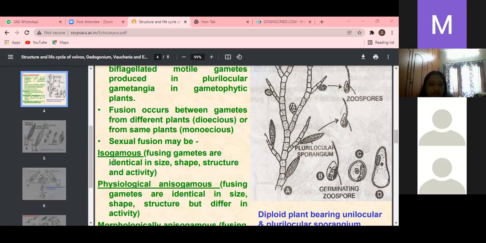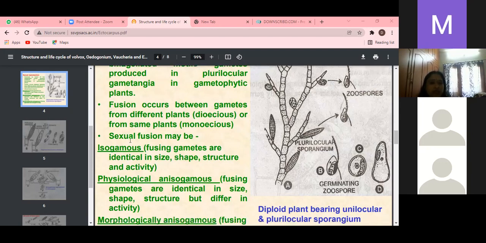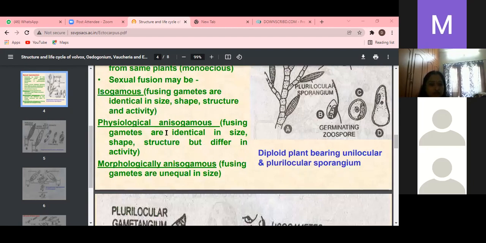In isogamous gametes, you can observe the gametes are of identical size, structure and shape. In physiological anisogamy, the fusing gametes are identical in size, shape and structure but differ in activity.